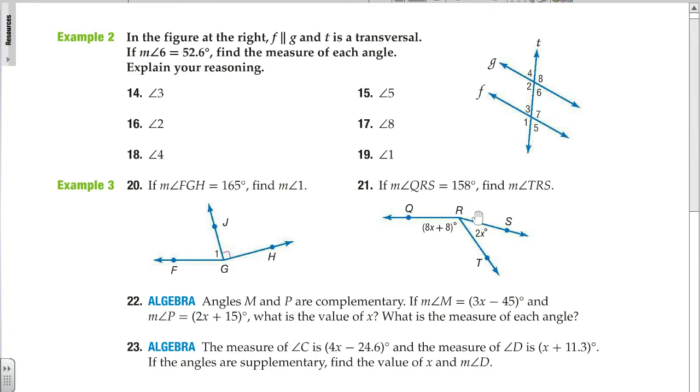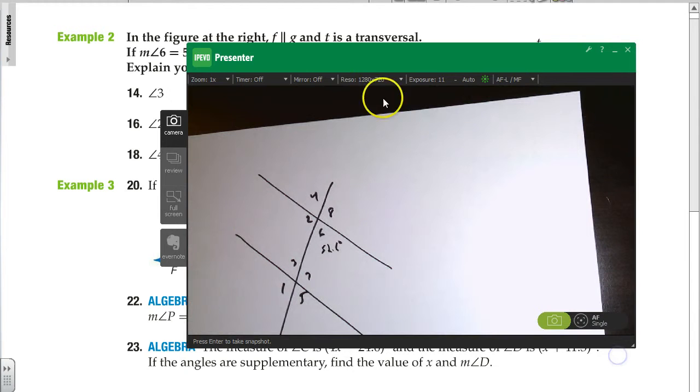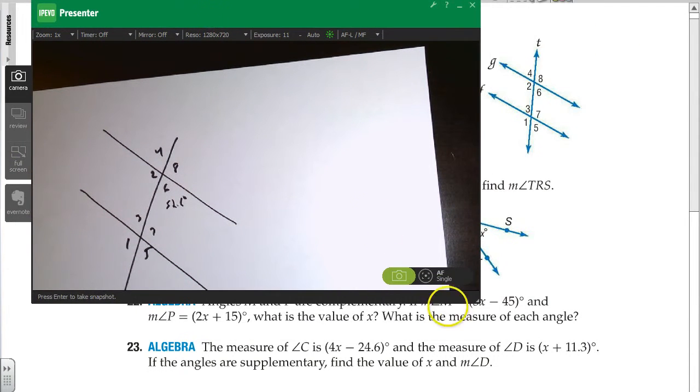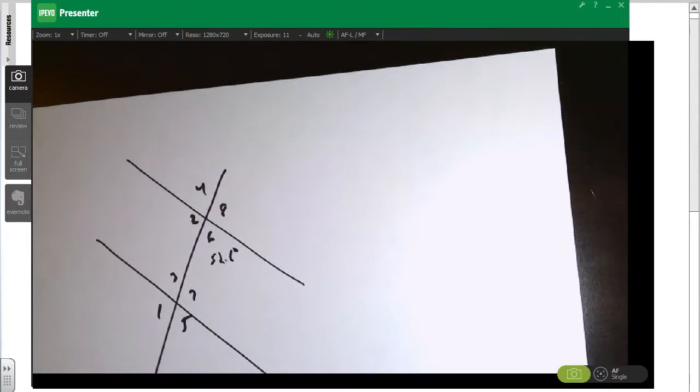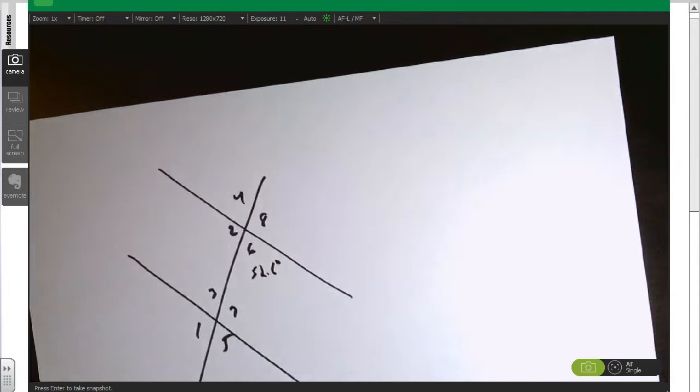Okay, so here we go. Do this one here. Zoom in a bit. Make this bigger. Let me grab a different color marker too. Work through that. So that angle is 52.6 degrees for angle 6.